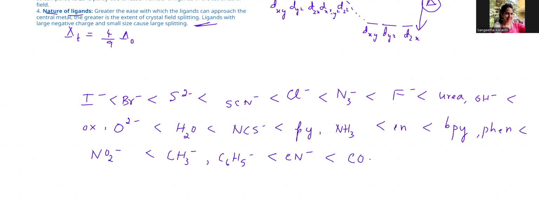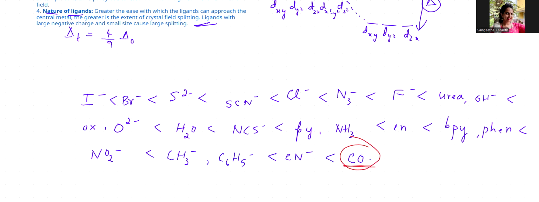It is very simple to identify. Here you can see the carbonyl ligand, the CO ligand, has the highest level of splitting, right? It can cause the splitting to a higher extent when it is present in a particular compound.